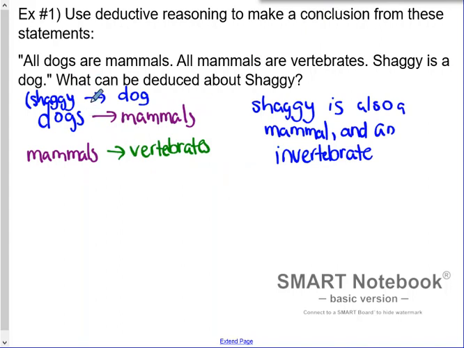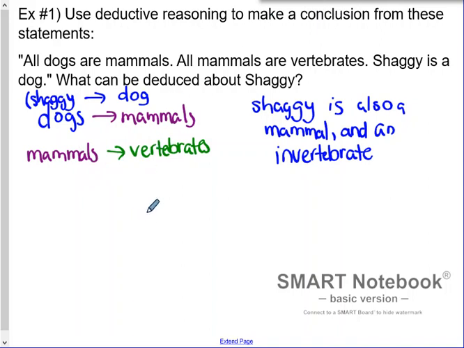Now you'll notice that the arrows are going one direction here. So yes, all dogs are mammals, but not all mammals are dogs. Same thing with all mammals are vertebrates, but not all vertebrates are mammals.